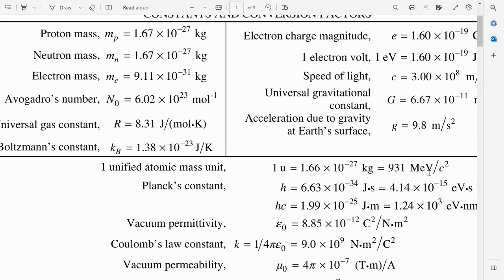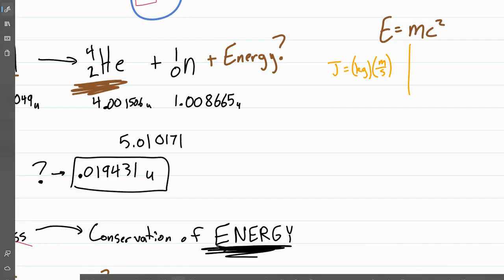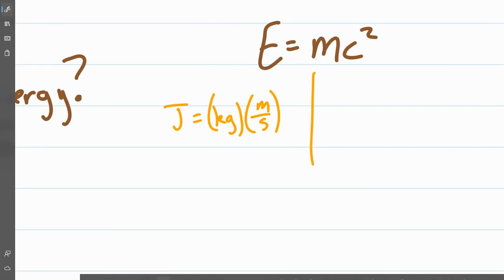So the other way we can look at this is that mega electron volts is equal to our mass in terms of MeV per c squared.